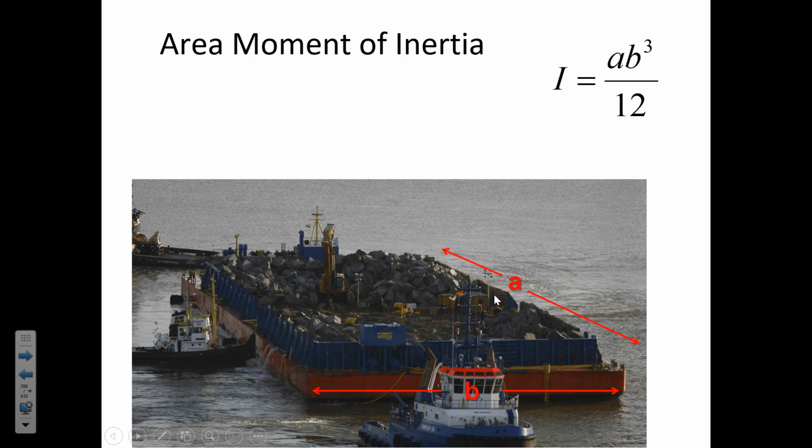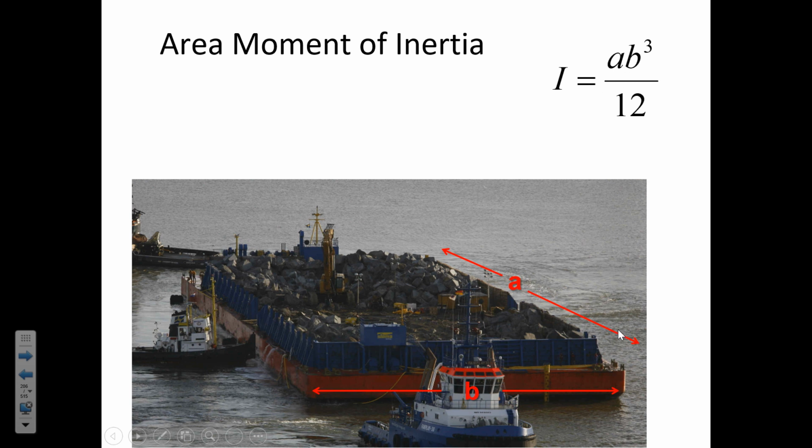Maybe they're reinforcing a breakwater or something. But the longer dimension is A, and the shorter dimension is B. So here's the width of the barge and the length of the barge, and whichever of the two is shorter is the term that is cubed when you're doing area moment of inertia calculations.